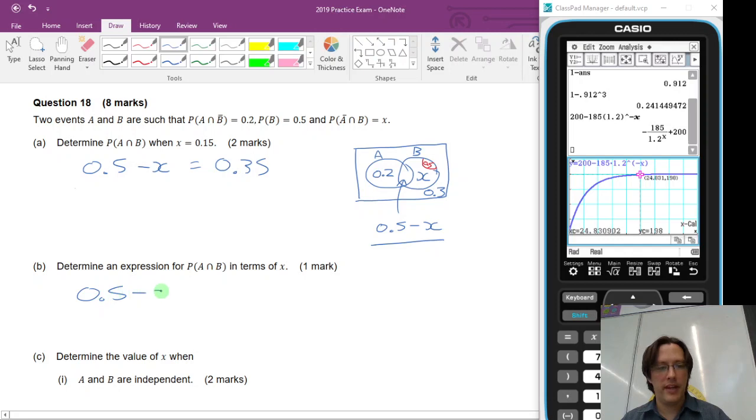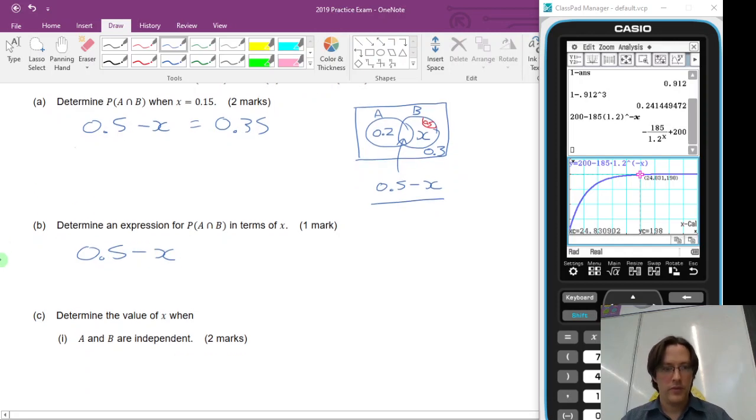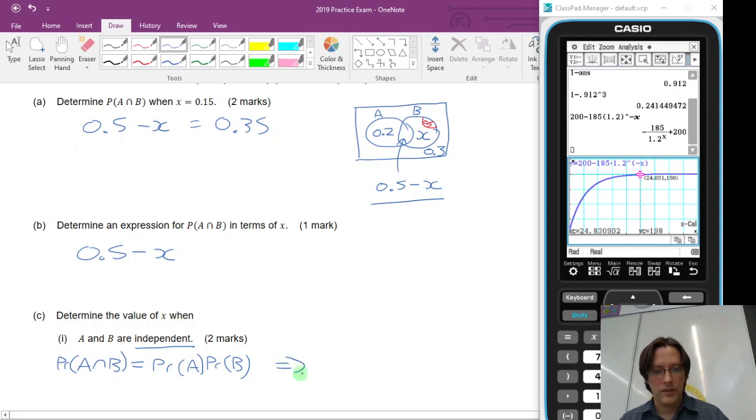0.5 take X. What's the value of X when A and B are independent? Independent means that it doesn't matter what they are. So that means that the probability of A intersection B is equal to the probability of A times the probability of B. So what's the probability of A and B?